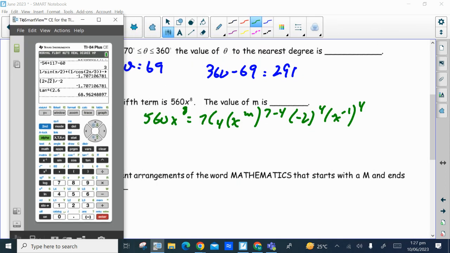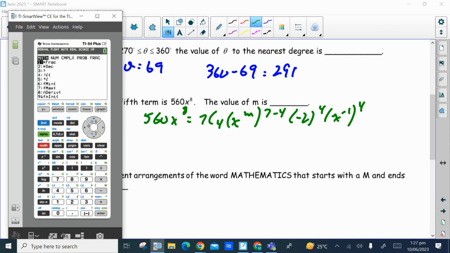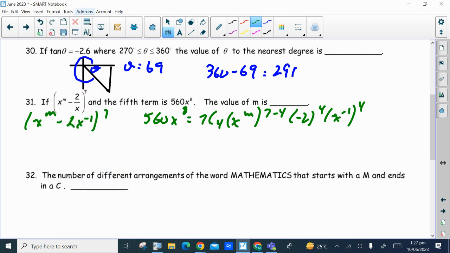We need to solve for m. So 7c4 times 16, that's negative 2 to the 4th, actually gives us our 560. So they're going to cancel. We're going to have x to the 3m. 7 minus 4 is 3, so that'll be 3m times x to the negative 4.